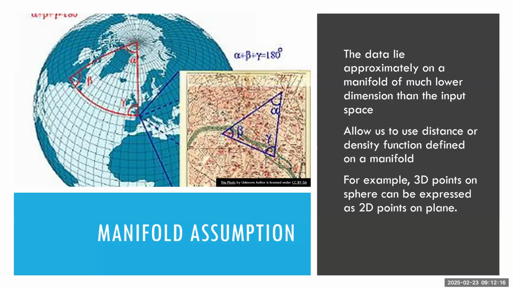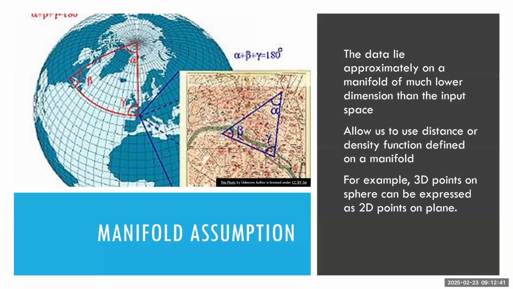So this assumption says that you can reduce the dimension of the dataset to a lower dimension, and the structure in the lower dimension can actually explain the data. So this allows us to define a distance and a density function on a manifold, right?